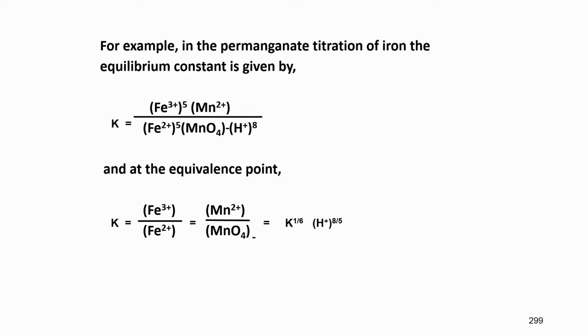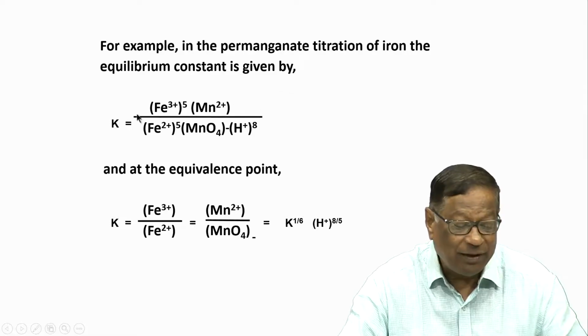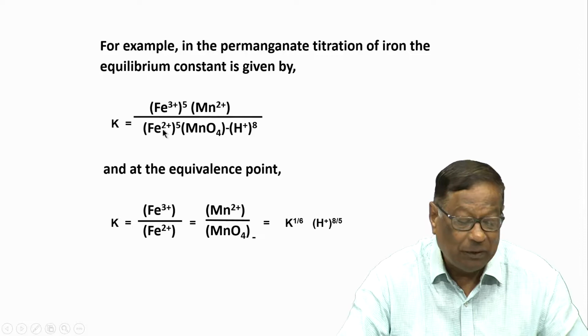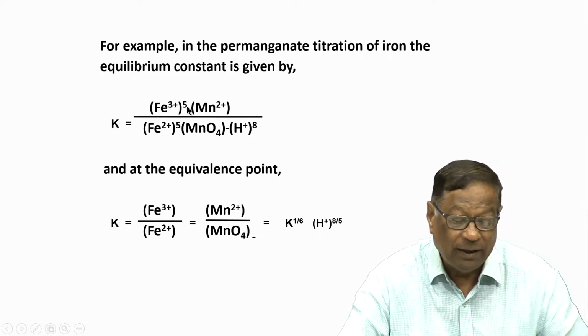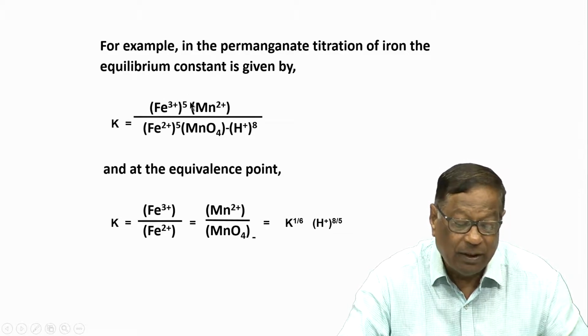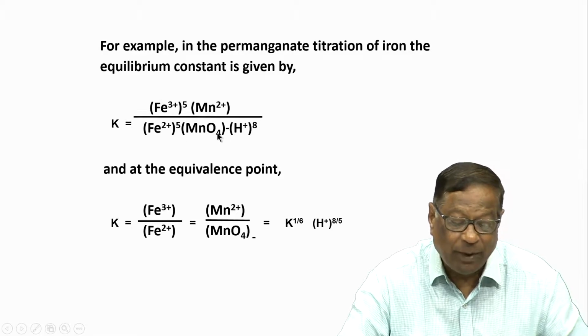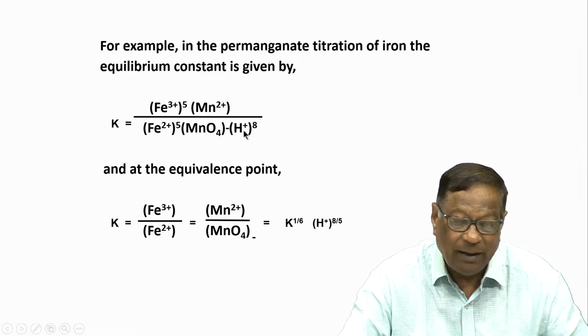Okay. So, for example, in the permanganate titration of iron, the equilibrium constant is given by this expression. Look at this: K is equal to Fe3+ raised to 5 and Mn2+, that is the concentrations of the products, divided by Fe2+ raised to 5, MnO4- raised to 1 and H+ raised to 8.